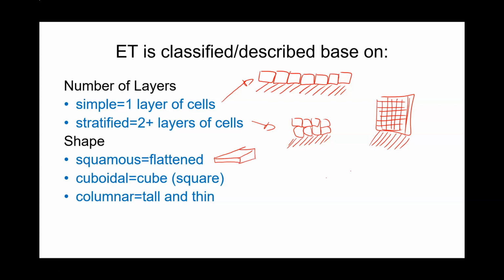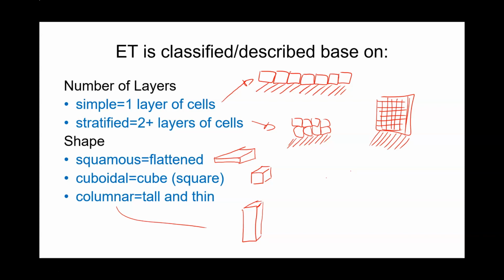A cuboidal cell is cube-shaped. In other words, it is about as wide as it is tall as it is deep. And then the third common cell shape is columnar. And columnar cells are tall and thin, or tall and narrow.